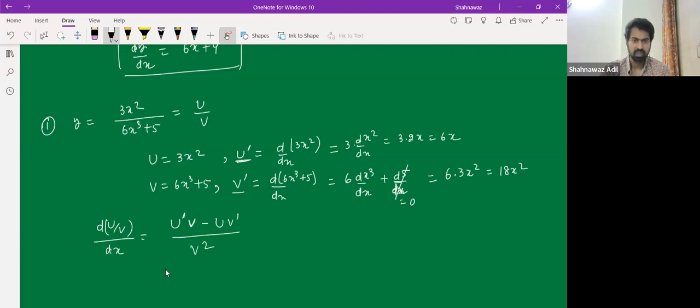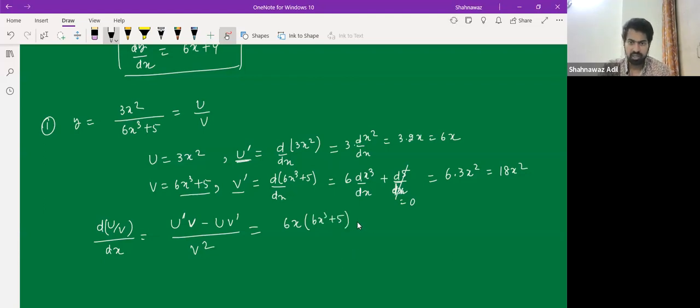Yes, sir. So we know u dash. u dash is 6x and u is 3x squared. So u dash, and then v. v is 6x cubed plus 5, right, guys?